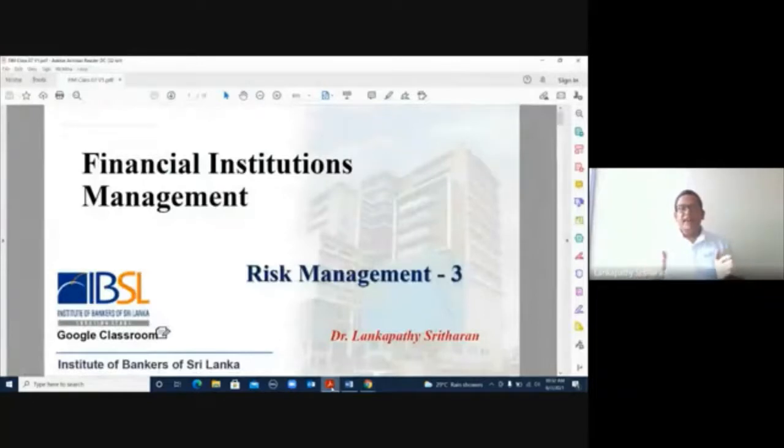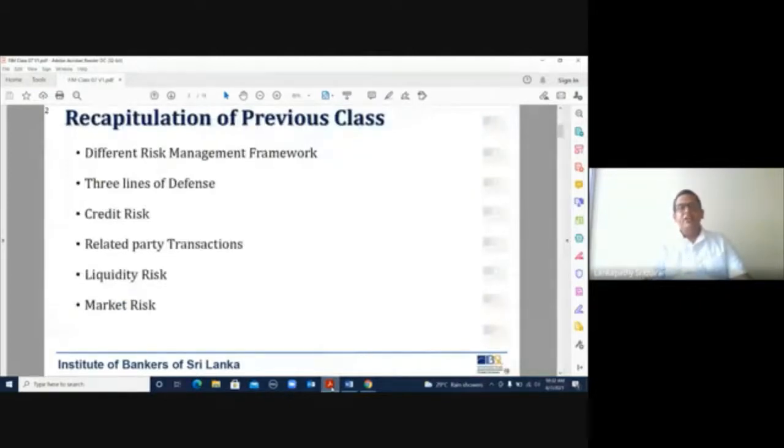Today's class is the third class of risk management. In the last two classes we studied risk management. In the first class we discussed some foundations of risk management, and then we moved to different sections like the risk management framework.